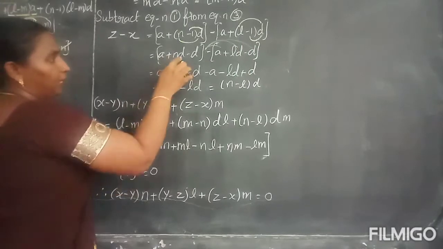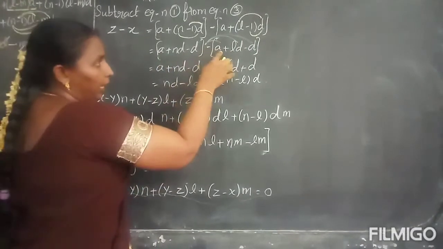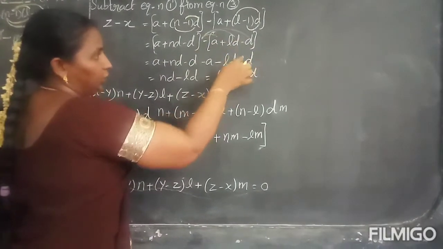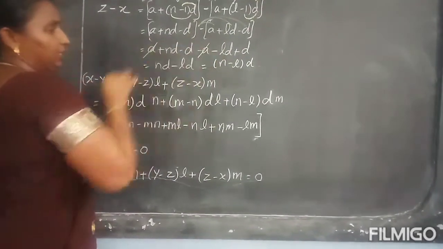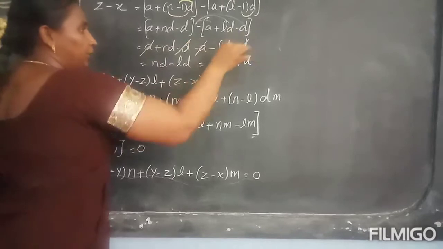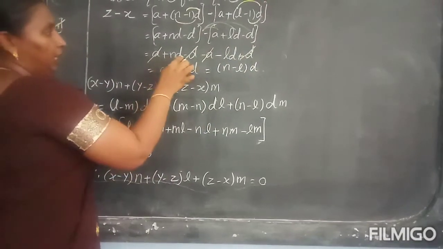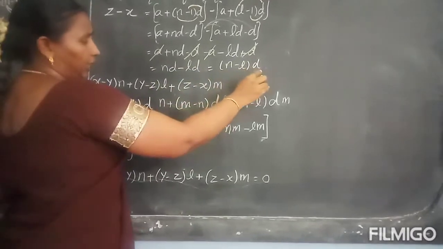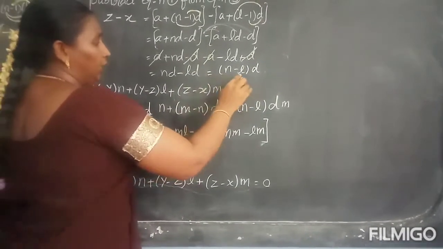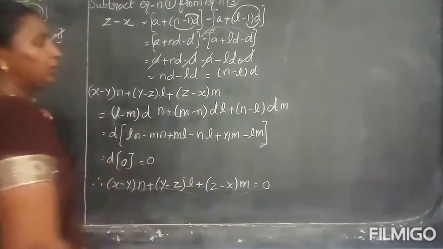So you get A plus ND minus D minus A minus LD, minus into minus plus D. Okay, so here also plus A minus A will get cancelled, minus D plus D will get cancelled, remaining ND minus LD. In both the terms you can take D as common. So you get (N minus L) into D.